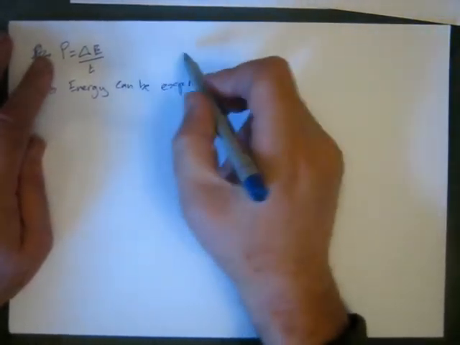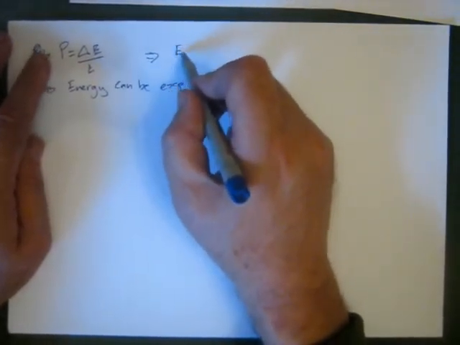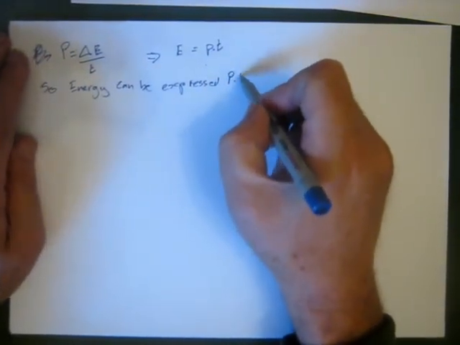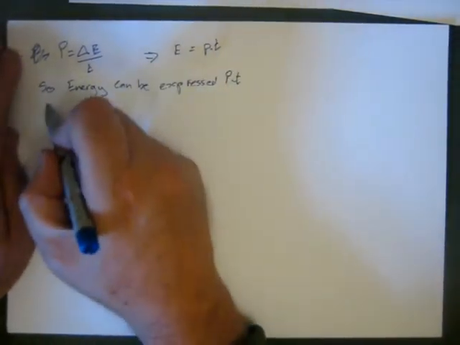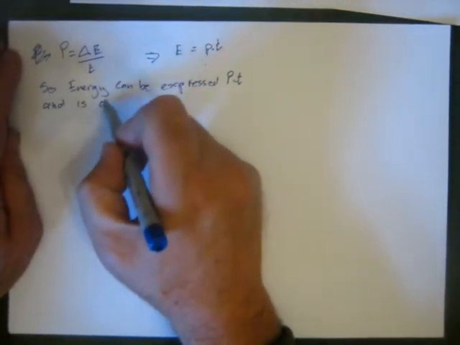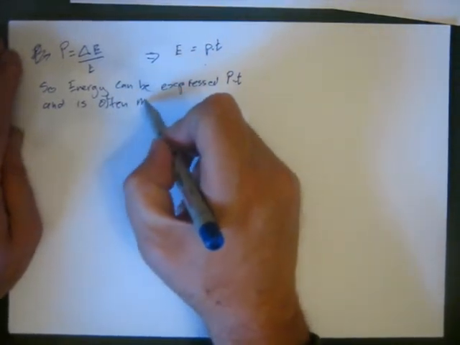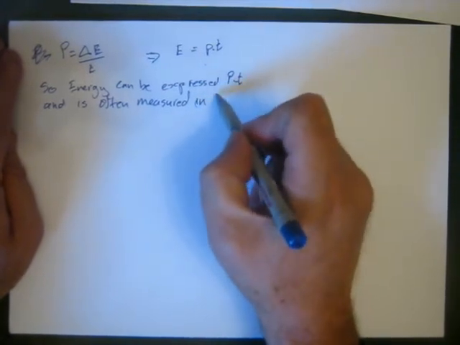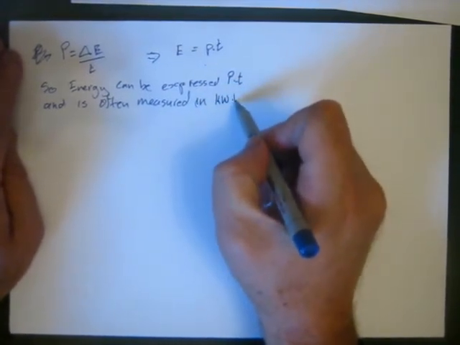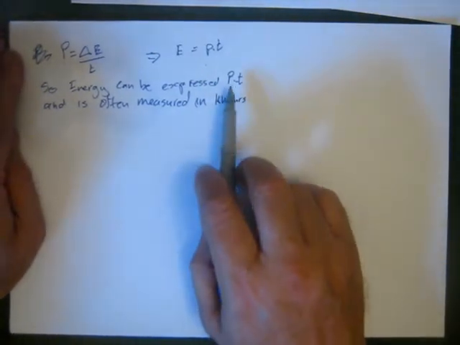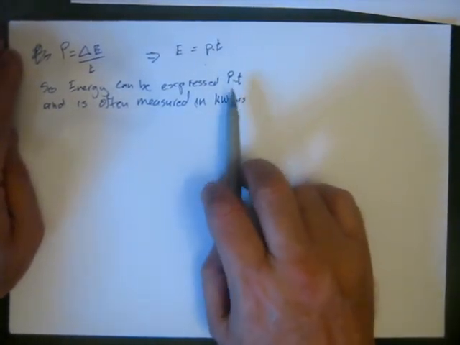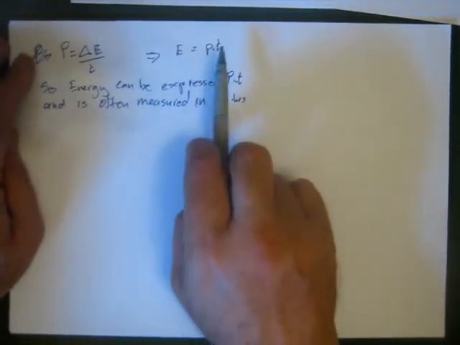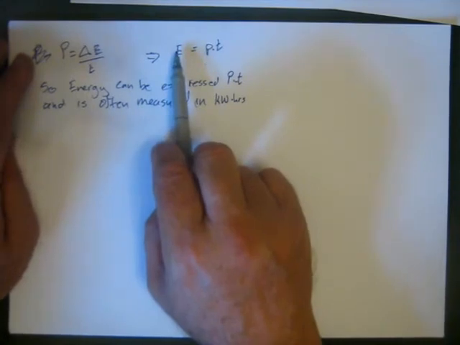If we rearrange that equation, energy is equal to power times time. And it is often measured, especially if you're buying electricity from a power company, in kilowatt hours. You'll notice here the kilowatt is the power and the hours is the time. So power times time is equal to energy.